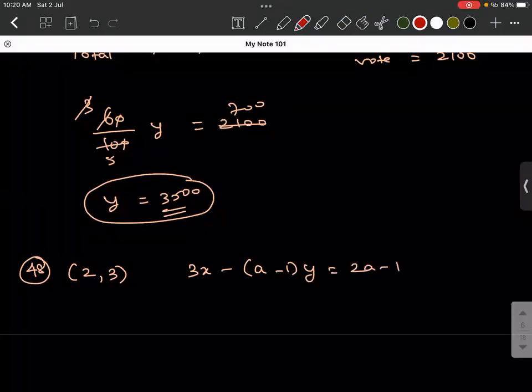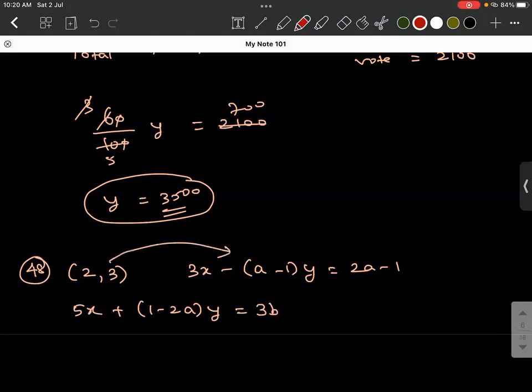So substitute it, no? First, when you substitute it here, you will get the value of a. Once you get the value of a, substitute it here, then you will get the value of b.